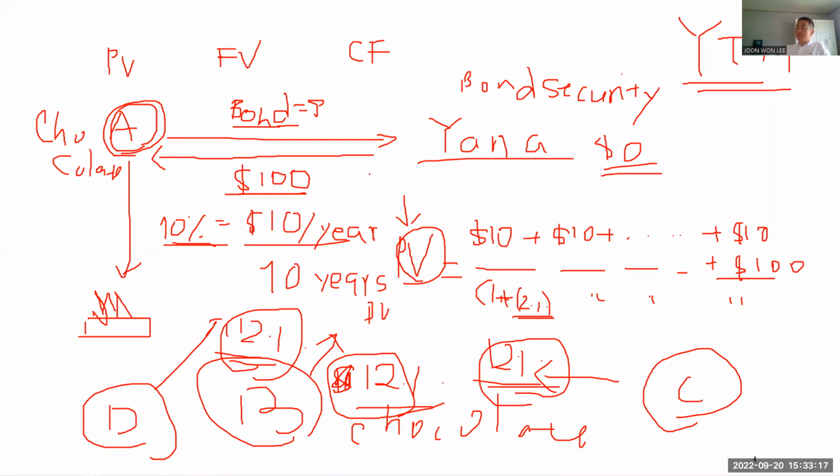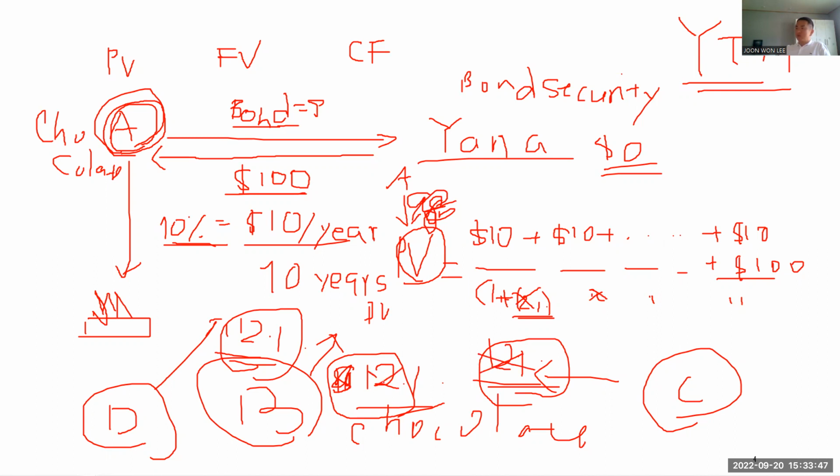We know the market price of this bond, chocolate company A. Let's say $98 when par value is 100. We know the market price of this bond at $98, but we don't know the market interest rate.